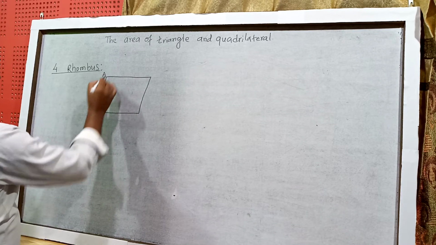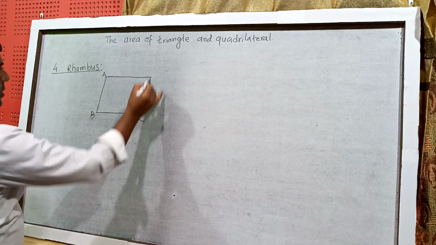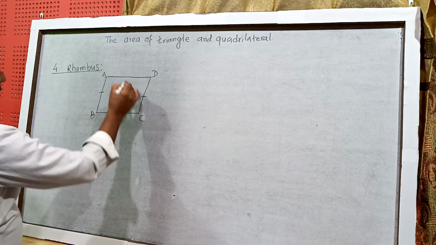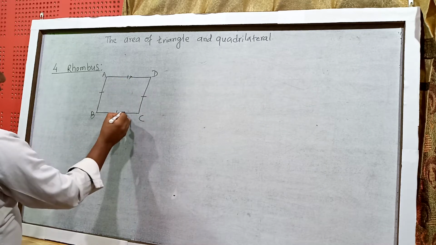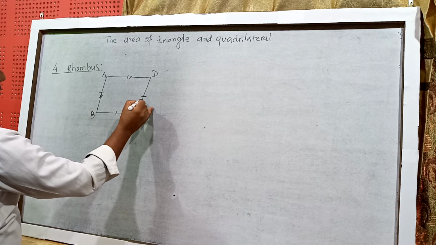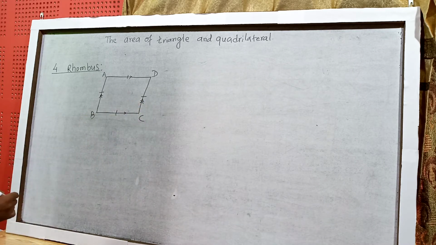This is a rhombus, A, B, C, D. All its sides are equal. It is a parallelogram, so its opposite sides are parallel. Rhombus is a parallelogram having all sides equal.